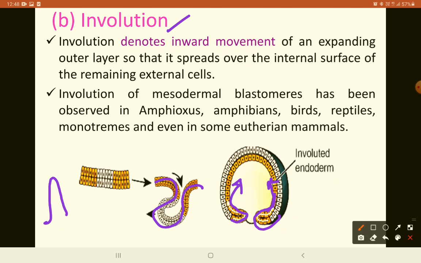Normally this kind of movement is seen in the mesodermal blastomeres, observed in amphioxus, frog, birds and reptiles. So this is the only difference between invagination and involution. In invagination, it is just a plain direct inward movement of blastomeres, whereas in involution, it takes a turn, rolls over the other cells and then moves inside. Such movement is called involution.